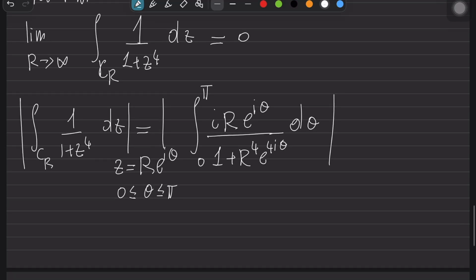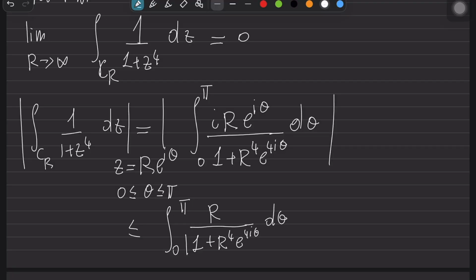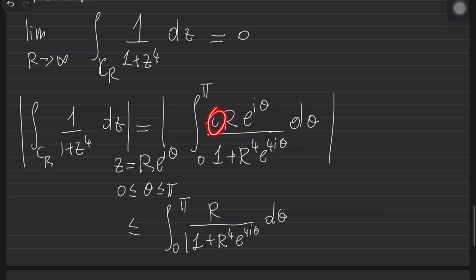This guy is going to be less than or equal to, I can bring the modulus inside. So this becomes the integral between 0 and pi of r divided by the modulus of 1 plus r to the power 4 times e to the 4 I theta, d theta, because the modulus of I is 1 and the modulus of e to the I theta is always 1.